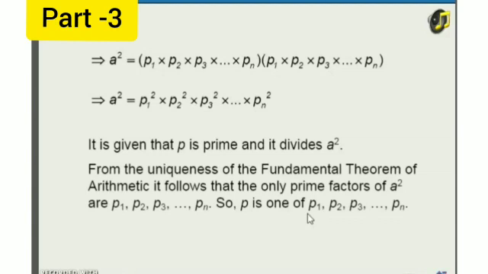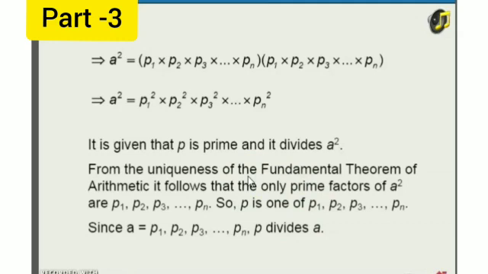From the uniqueness in the fundamental theorem of arithmetic, it follows that the only prime factors of a square are p1, p2, p3, pn. So p is one of p1, p2, p3, pn. Since a equals p1, p2, p3, pn, p divides a. This is the application of the uniqueness in the fundamental theorem of arithmetic.